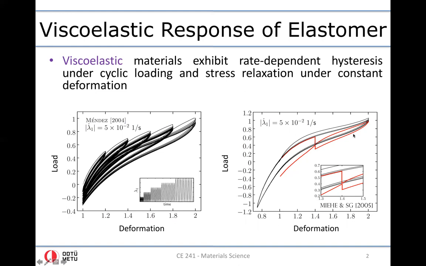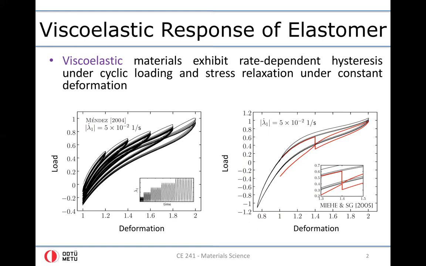If you further load and unload and keep the deformation frozen at the same deformation value on the unloading curve, you also observe some changes in this stress, and you see stress converges to some value, and this value is what we call the equilibrium response of the material, in polymers referring to the ground elasticity.